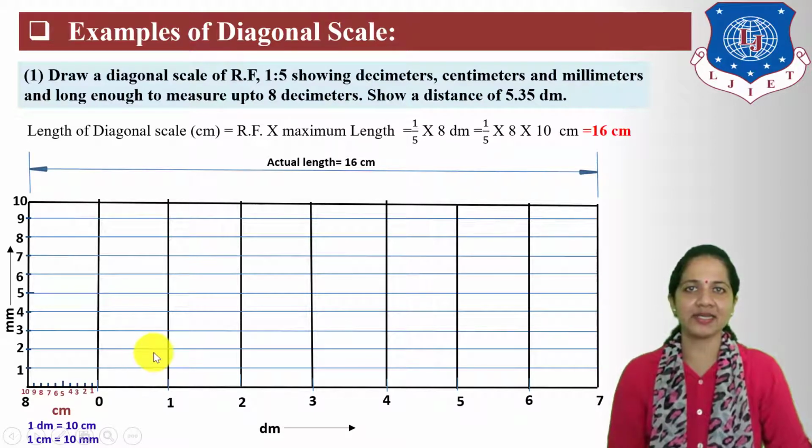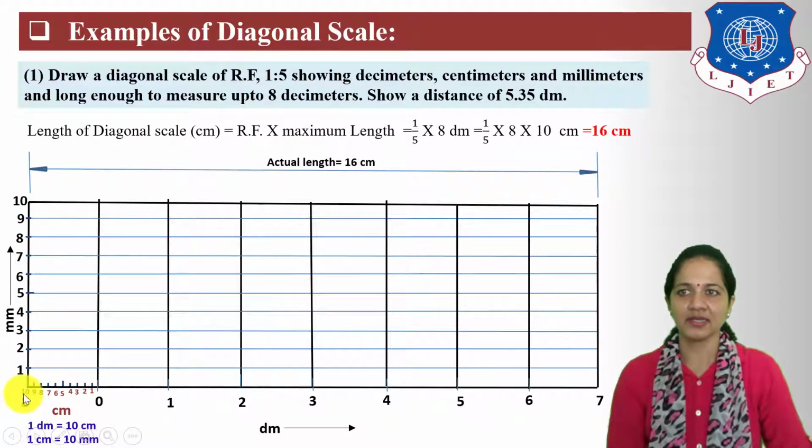Next, connect diagonal line. For diagonal line, connect 10 millimeter maximum point with second last division of centimeter, which is 9.